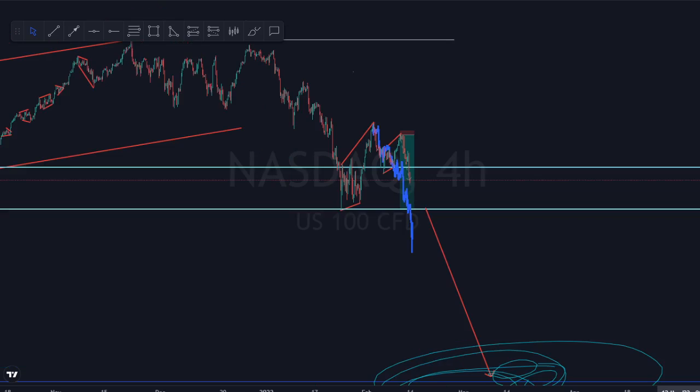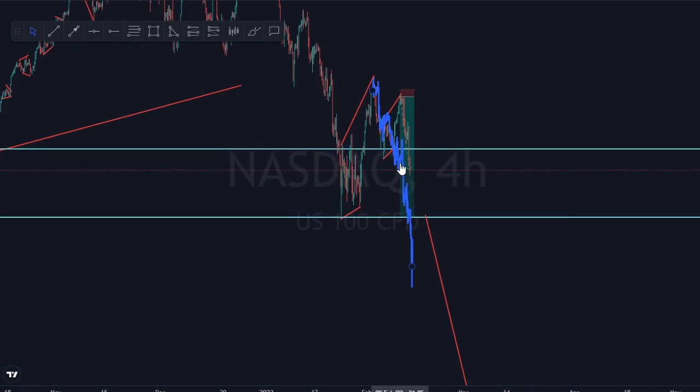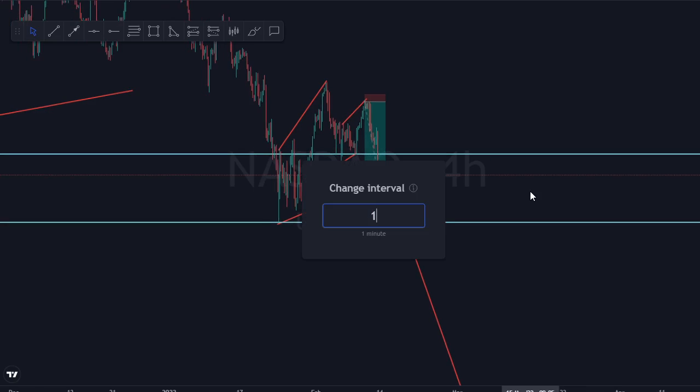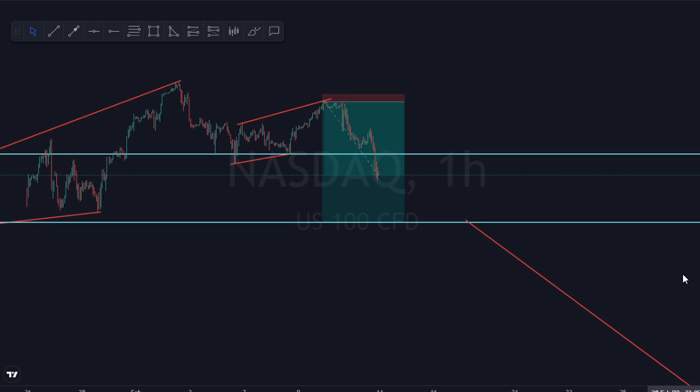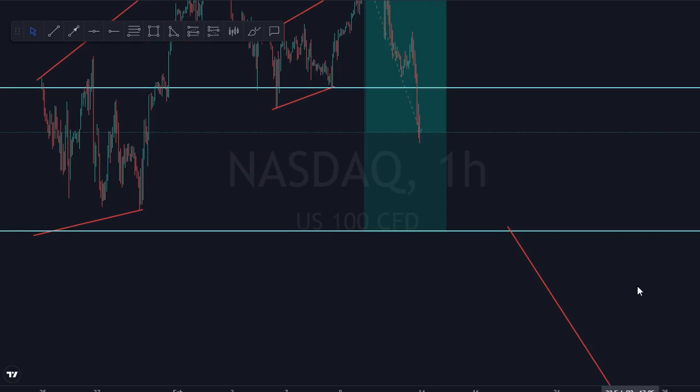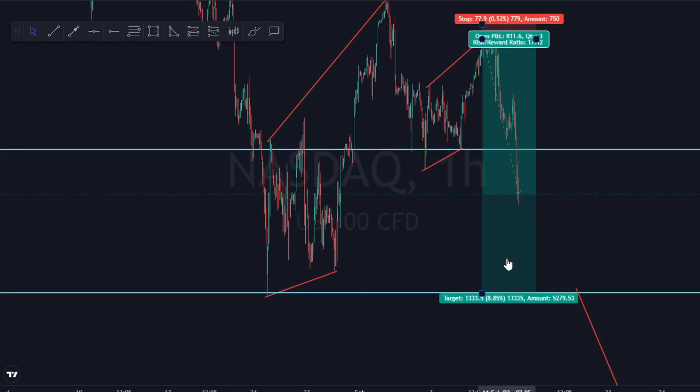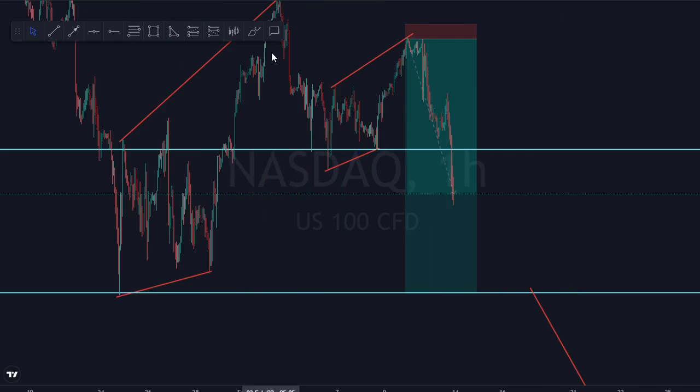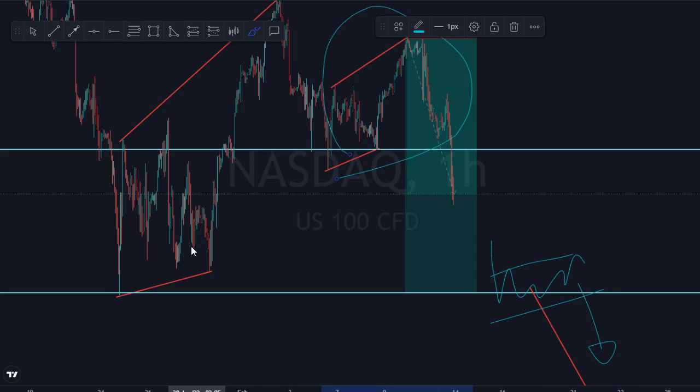Let me just get rid of this. Let's move back to H1. When price hits my take profit, which is here, I'm going to look for more continuation patterns, because this sell is already confirmed by these moves, these corrections.